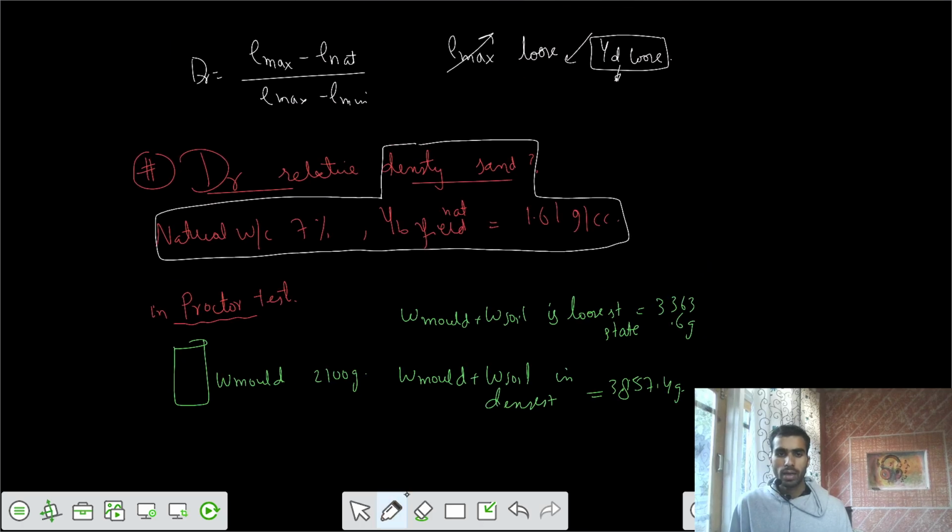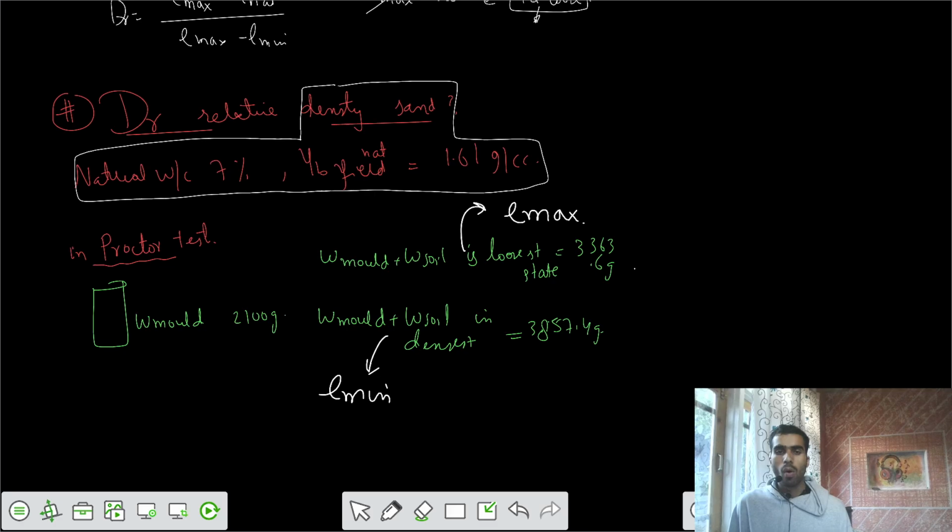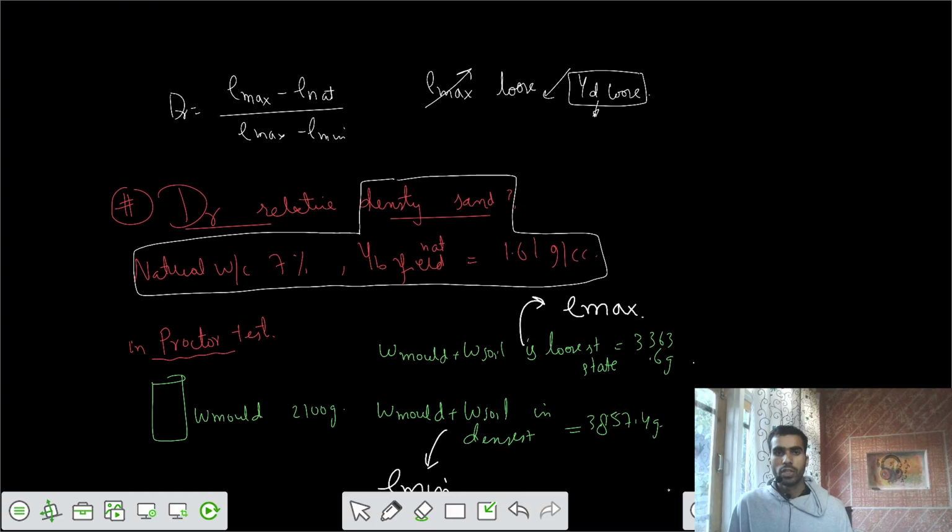If the total weight is more, it is in the densest condition, so the void ratio would be minimum. When the soil is loose, the void ratio would be maximum. From these, we need to first calculate gamma_d minimum and gamma_d maximum, get the values of the void ratios from that, and finally substitute in this equation.